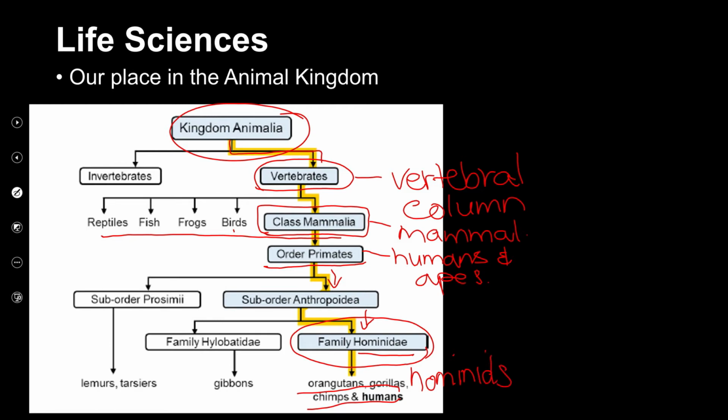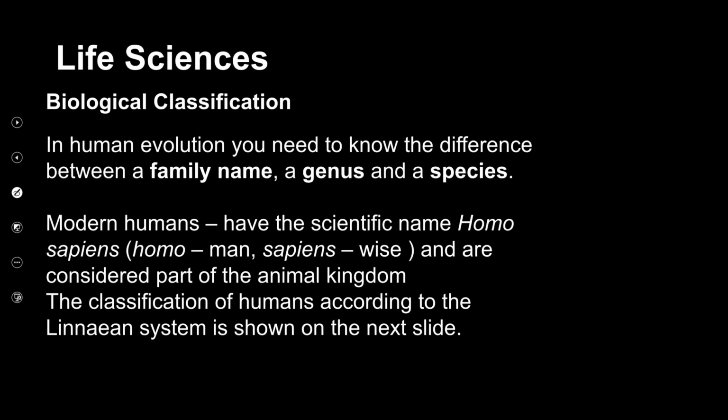Okay. Right. Okay, so there I've said, human evolution, you need to know the difference between a family name, a genus, and a species. Now modern humans, they have the scientific name. So the scientific name of humans is Homo sapiens.